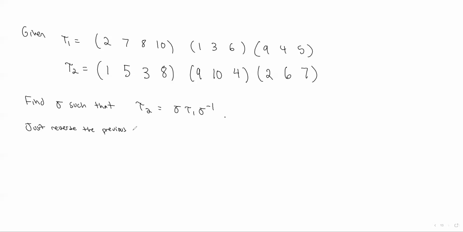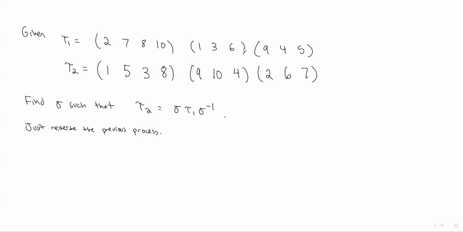So we know that sigma tau 1 sigma inverse will just be tau 1, but you replace every element in each cycle with its image under sigma. So to get tau 2, we know what sigma must be. Well, actually, sigma can have many choices, but we know one easy choice, which is just based on how they're written.